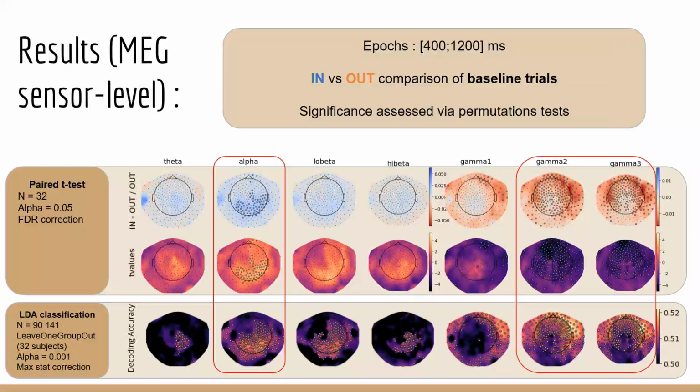Interestingly, there was also good discriminatory power in the gamma band, but this time much broader and in the opposite direction, meaning that suboptimal performance was associated with an increase of gamma activity in widespread regions. So using this data set, we were able to attain a decoding accuracy of nearly 52%.